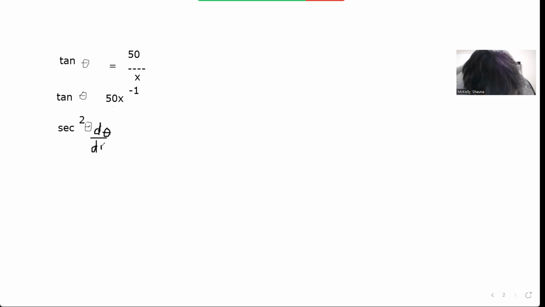Okay, so there's my secant squared theta d theta dt, and that's going to equal my derivative here.